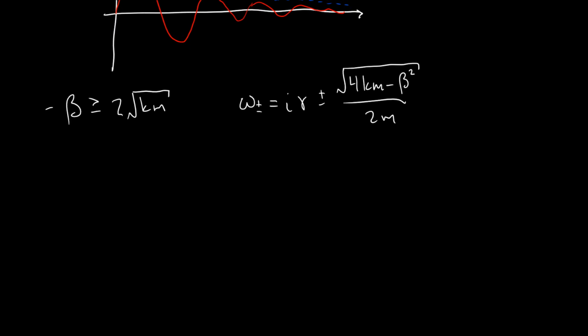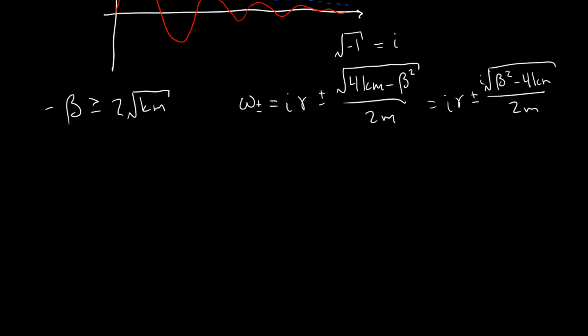So what I'm going to do is factor out a factor of square root of minus 1, which, of course, is just i. So this becomes i gamma plus or minus the square root of beta squared minus 4km, with a factor of i out front, over 2m.